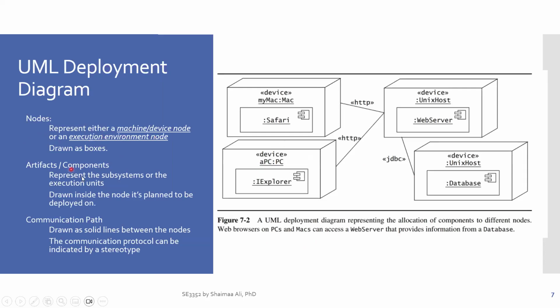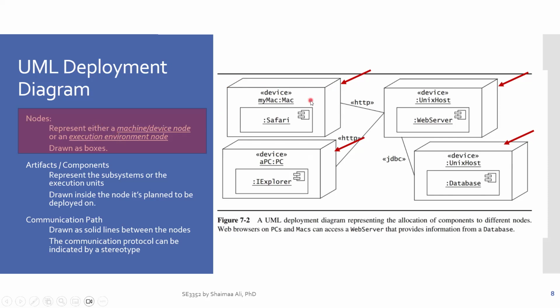There are three main elements in the deployment diagram. The first one is a node, and it would be depicted as a three-dimensional box like this. Okay, not a two-dimensional rectangle, it's a three-dimensional box. And that node represents either a machine or device or an execution environment.